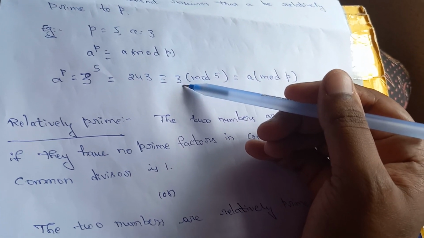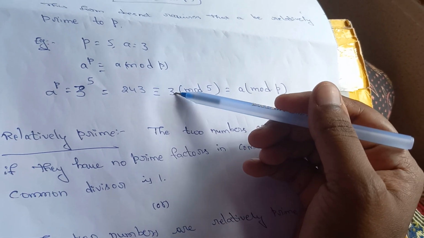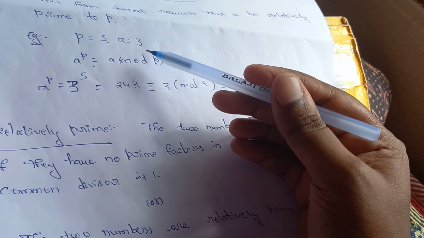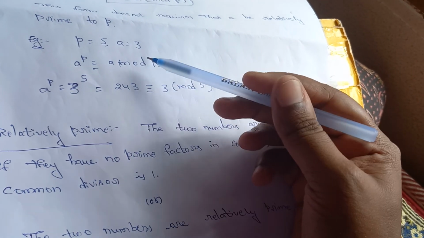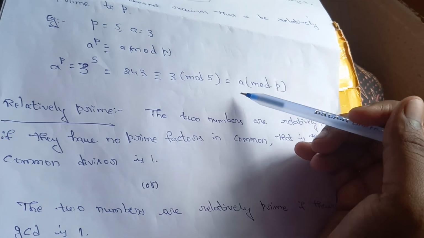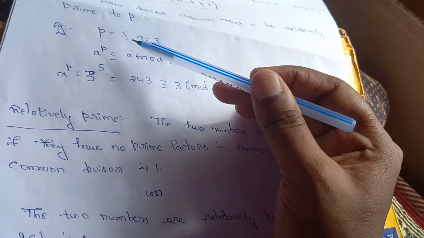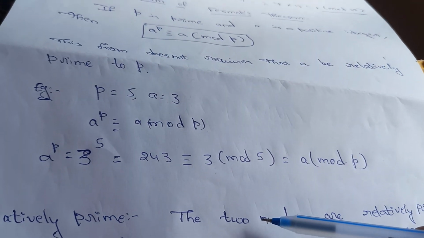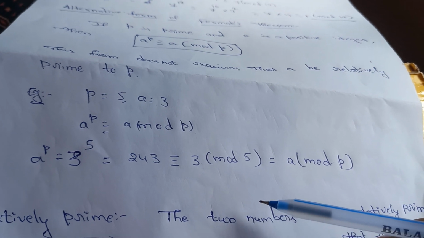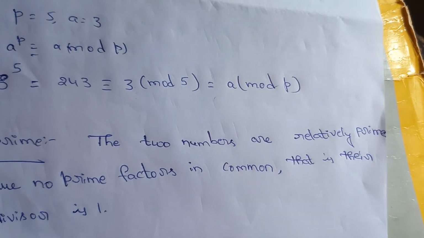What is this 3? It is the value of a, so we can replace this 3 with a. Next, mod 5, where 5 is nothing but p. So a power p is equivalent to a mod p. Hope you understand this Fermat's theorem.